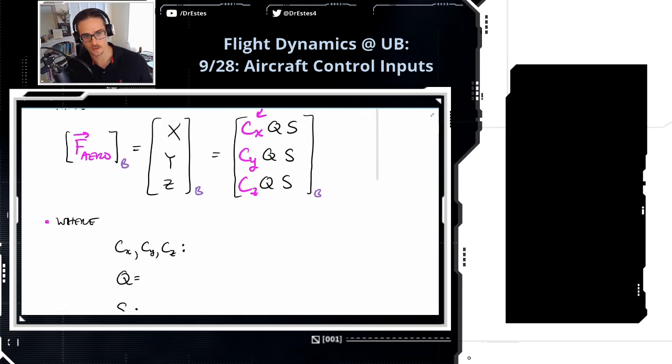So, okay. Cx, Cy, Cz, these are the non-dimensional empirical coefficients for the aero forces.